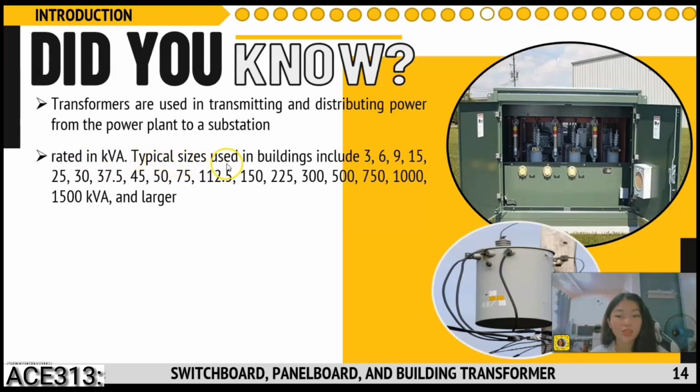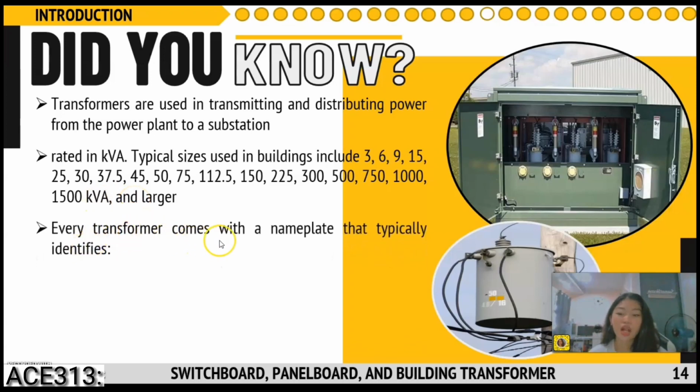Typically, sizes used in buildings include 3, 6, 9, 15, 25, 30, 37.5, 45, 50, 75, 112.5, 150, 225, 300, 500, 750, 1,000, 1,500 kilovolt ampere, and larger.